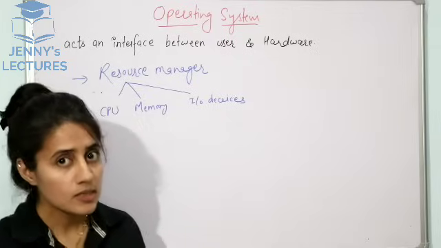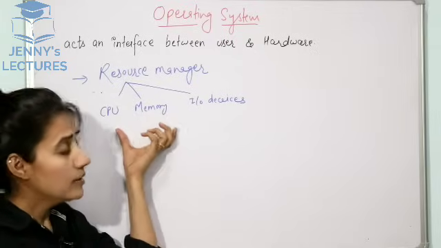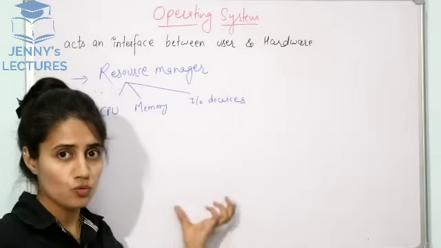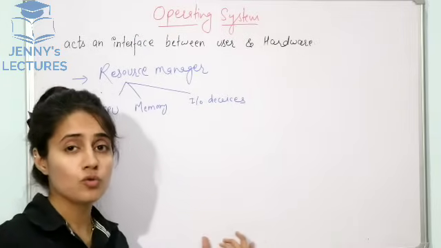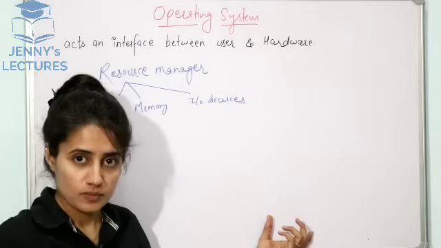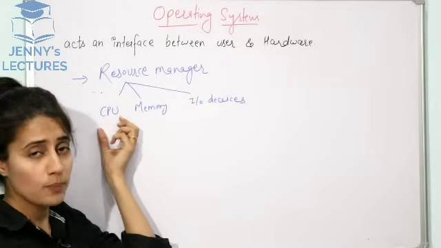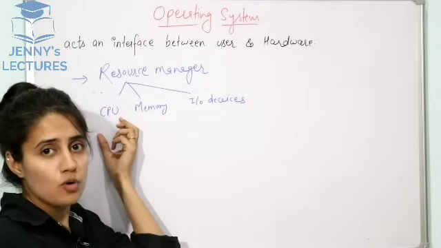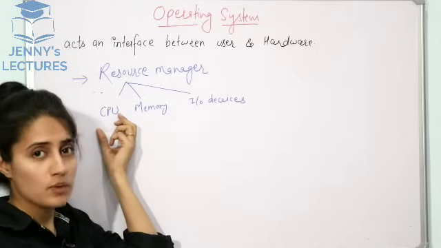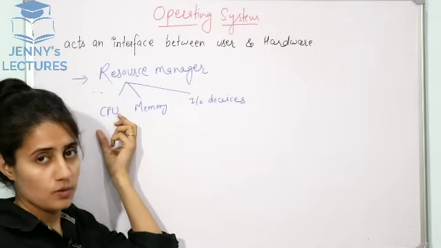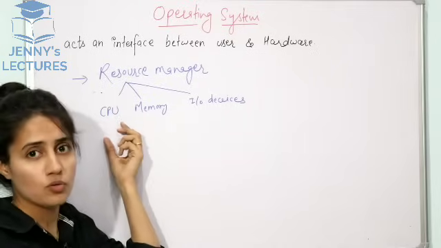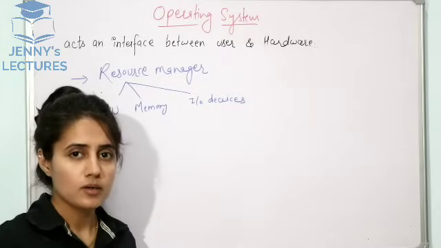The operating system manages or allocates these resources to different processes or users. If two or more processes want to access the CPU at the same time, then to which process the CPU would be allocated and for how long is taken care of by the operating system.